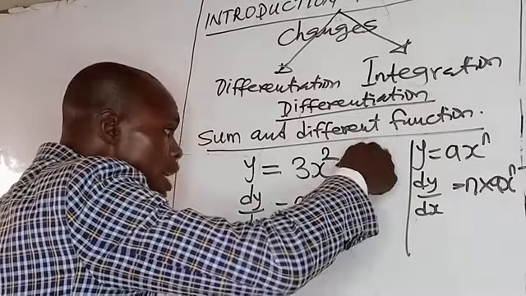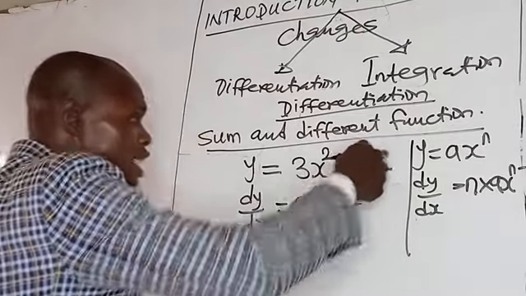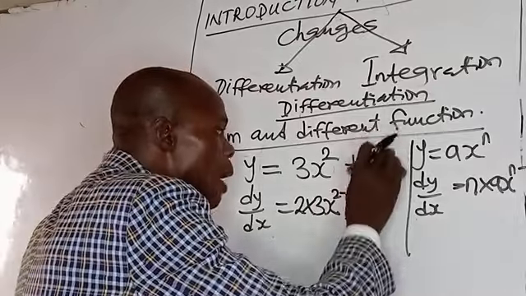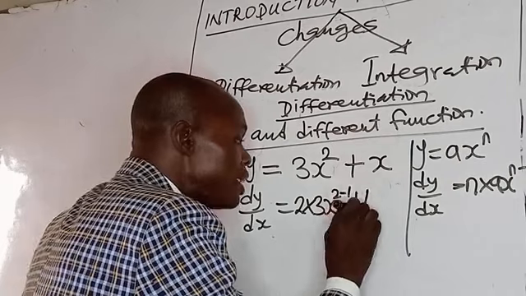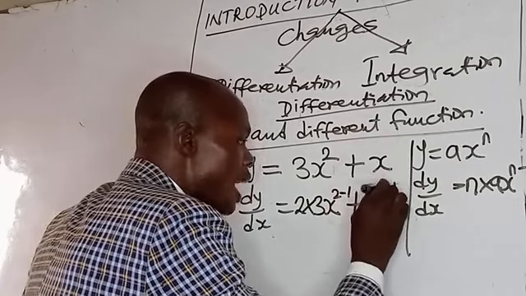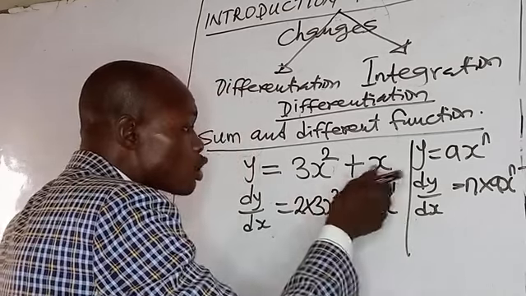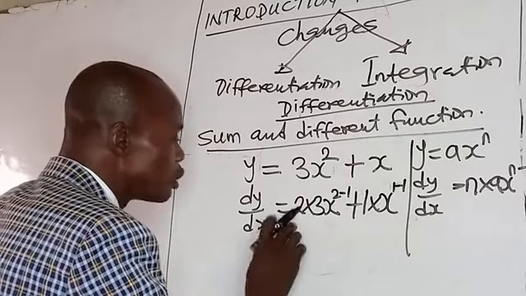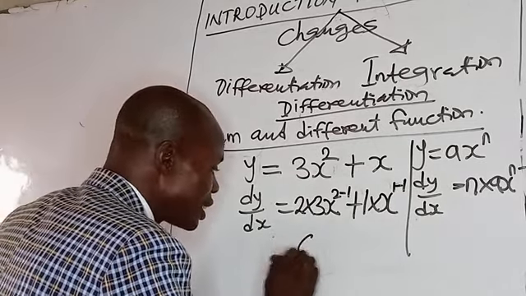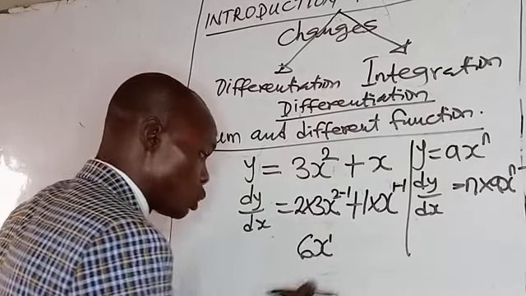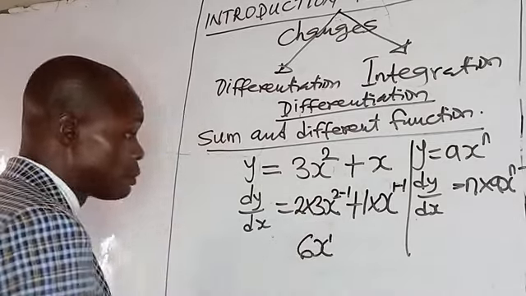Plus, what is the coefficient of x here? This is the same as x raised to power 1. So you take the power, which is 1, times x raised to power 1, then in line with the rule, subtract 1 from the power again. So this will be 2 times 3, 6, x raised to power 2 minus 1 is 1, so it's not compulsory to put 1 there.